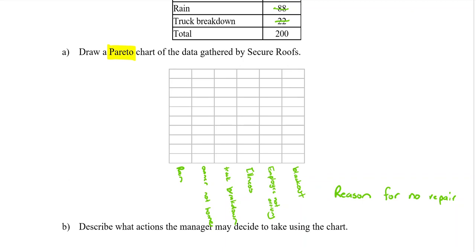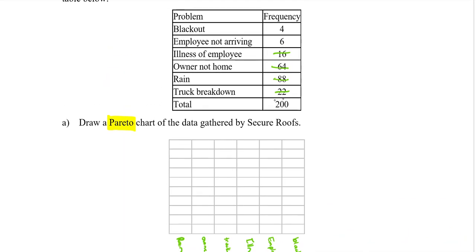Now, on the vertical, we need to consider two things. We're obviously going to have to do the frequencies for the histogram, but what does the polygon do? Anyone remember? The polygon must be cumulative, which means if there are 200 scores in here, when I add all my frequencies up, my highest value needs to be 200. It doesn't matter that my individual ones are much lower.